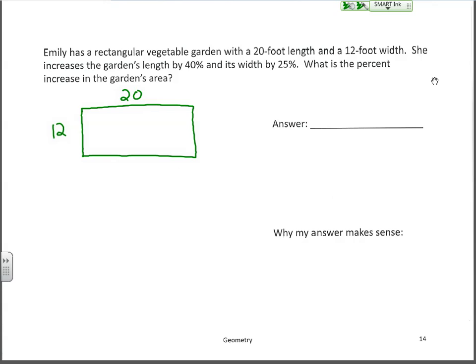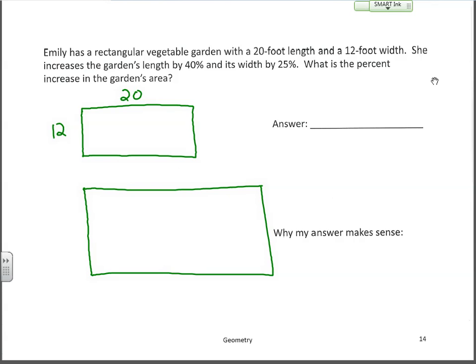So now we have the second garden, which is going to be bigger than the first. And how we got it to be bigger was by increasing the length by 40%. And we talked about, what's that calculation that allows us to increase a value by a percent? And there were a couple different ones that were tossed out there, all of which were correct.